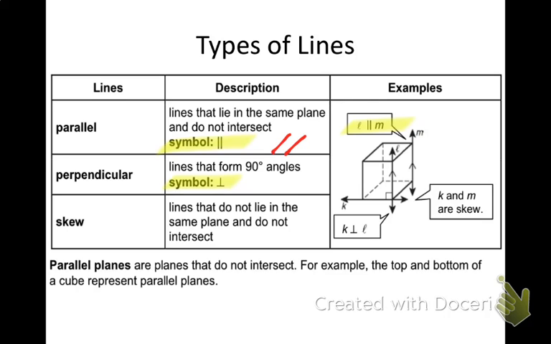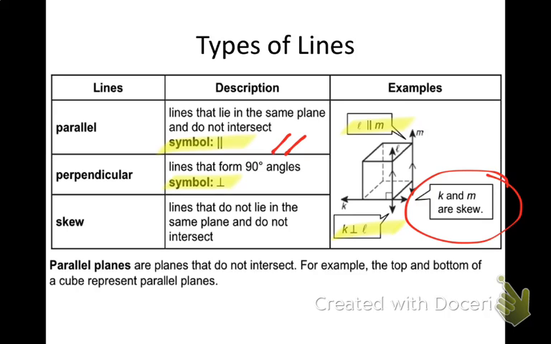It looks almost like an upside down T. You can identify perpendicular lines by an upside down T. You're going to be able to recognize that so you can read it within problems and such. And then skew lines, there's nothing special for skew lines. They just say they're skew. So if you look at that, K and M are skew. No special symbol or anything like that, but just recognizing that they are skew.